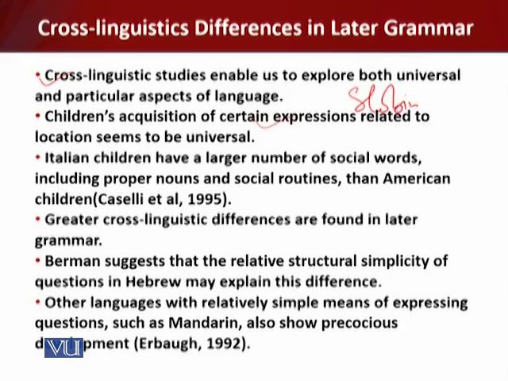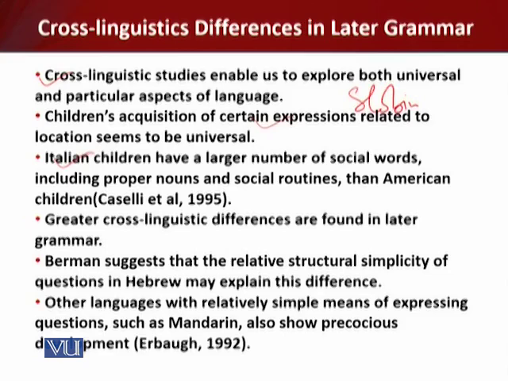Then we have Fenson, Sandrell and Weir, who found that Italian children have a larger number of social words, including proper nouns and social routines, than American children. Now, in general, though, greater cross-linguistic differences are found in later grammar.